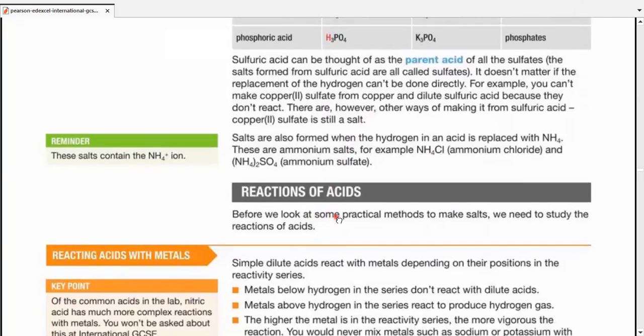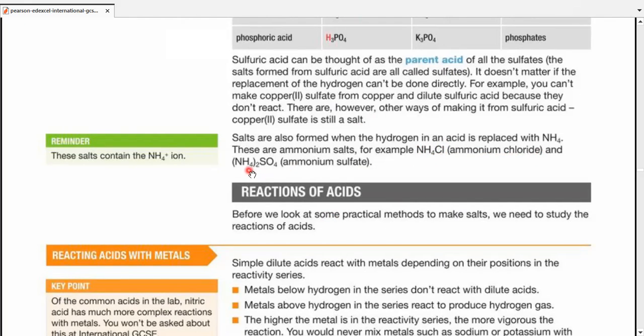We are going to discuss different ways of forming salts in this chapter. Reminder, there are other salts that also contain ammonium ions. These are salts formed when the hydrogen in an acid is replaced by ammonium. We call them ammonium salts, such as ammonium chloride. When ammonia solution reacts with hydrochloric acid, it forms ammonium chloride.